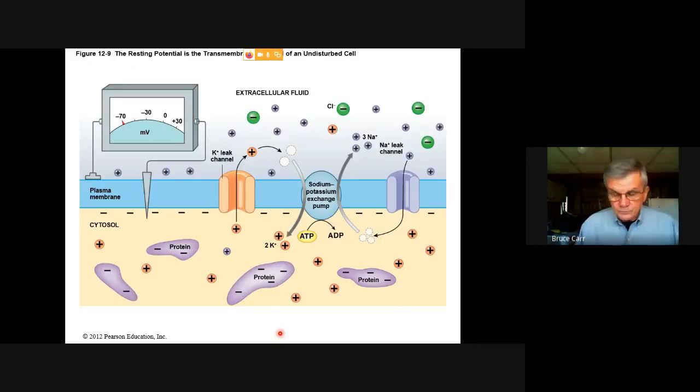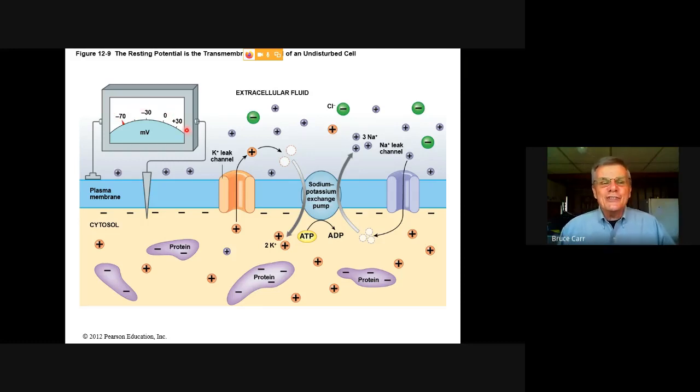Looking at a typical drawing, very simplified, of a cell, here across the center is the plasma membrane. So here we have the outside, here we have the inside. And up here they've drawn in this voltmeter, and you can see from 0 voltage, it measures both negative and positive potential difference.